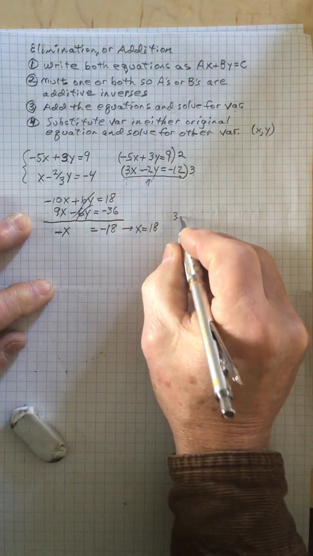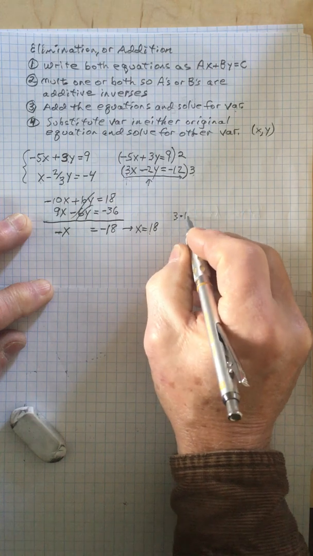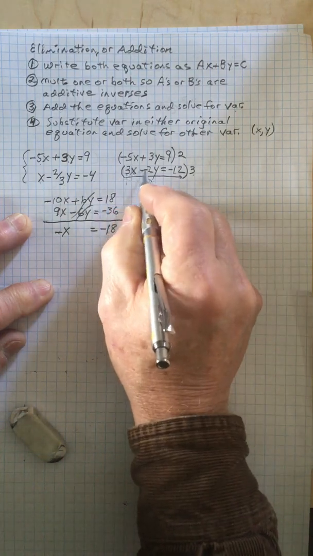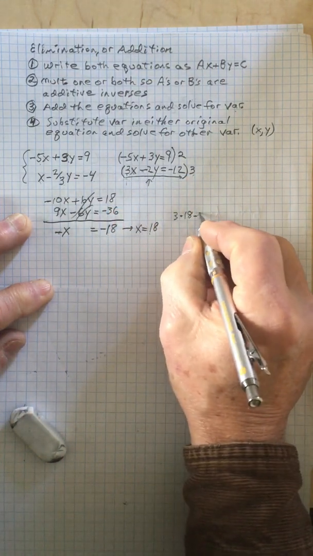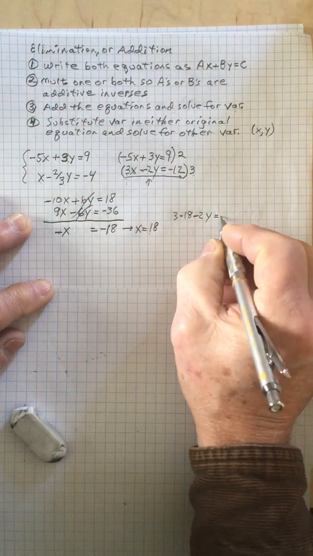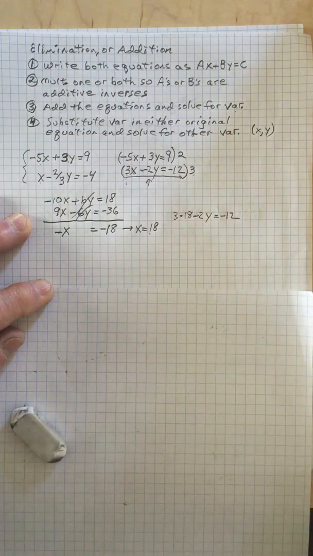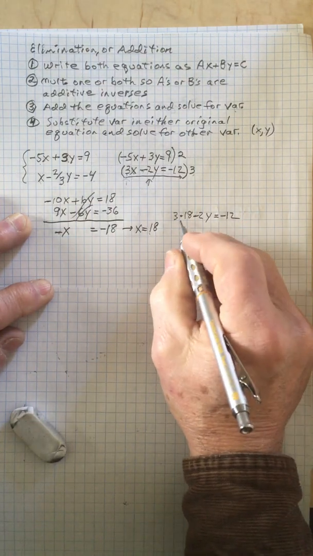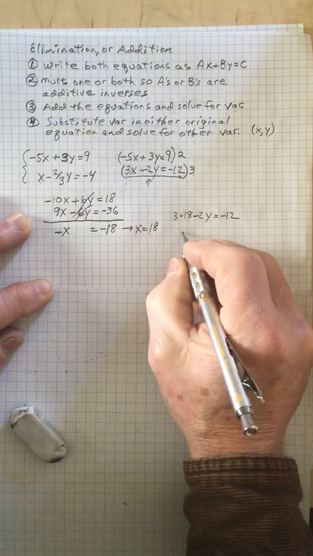So 3 times x, 3 times 18 minus 2y equals minus 12. Okay, so this is 54.